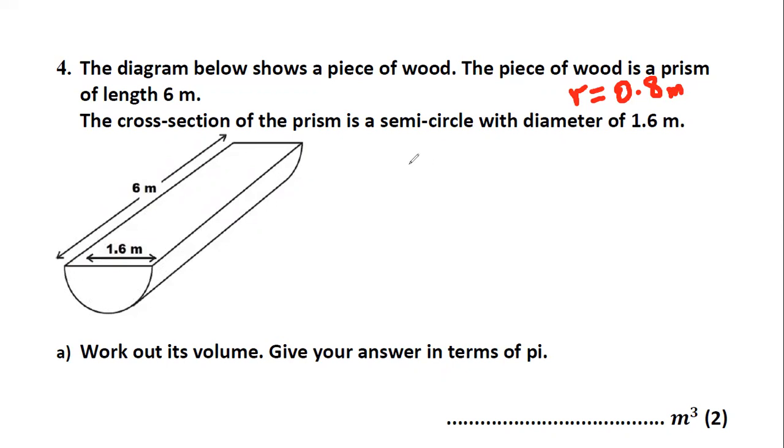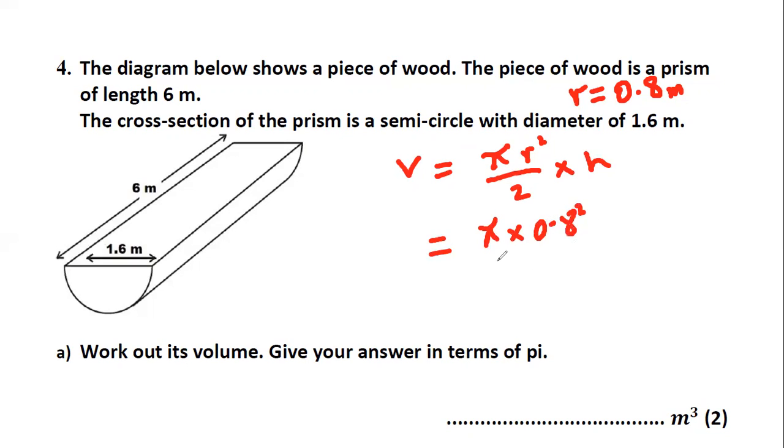So that's why for the formula we will use pi r squared divided by 2 times by height or length. So this is going to be pi times 0.8 squared divided by 2 times by height, length here, it's 6 meters, times by 6.